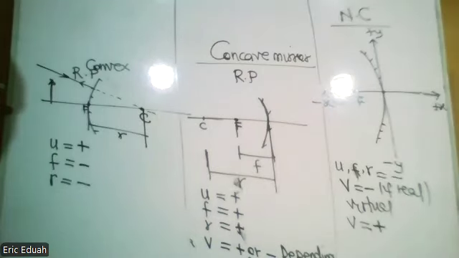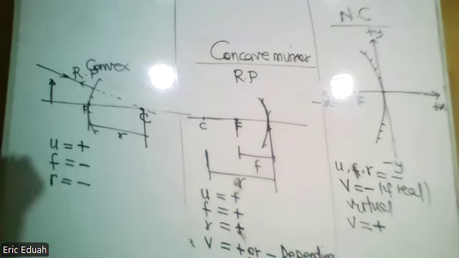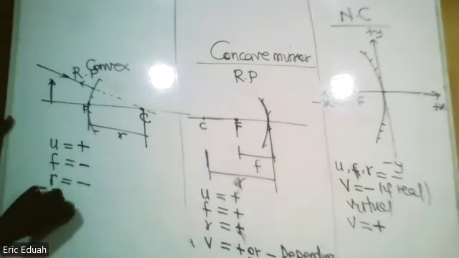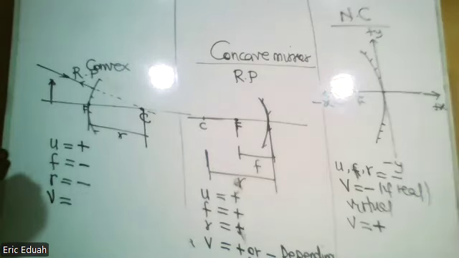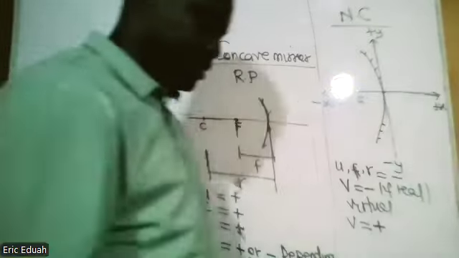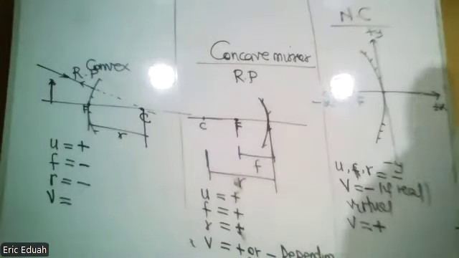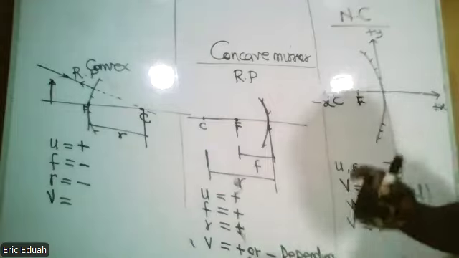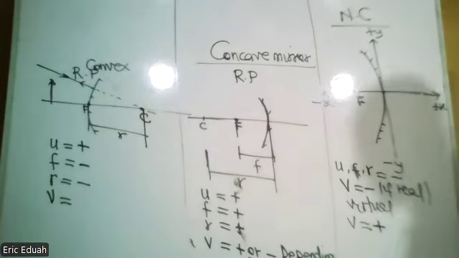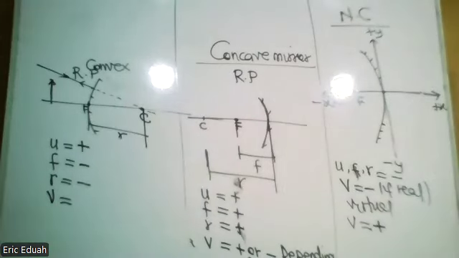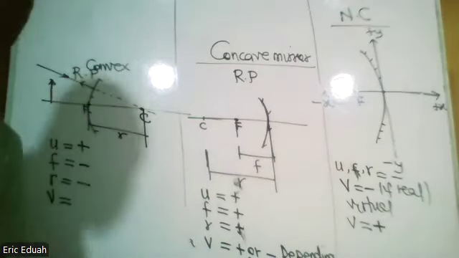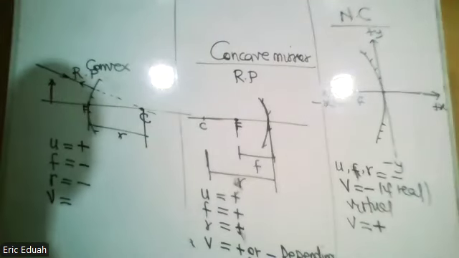Are you okay? Gabriel, are you okay? Yes, sir. Now, Gabriel, I put this question to you. What about V? What do you think will be V? Would V be positive or negative? Don't forget we are using the RP convention. Joel, mute yourself.